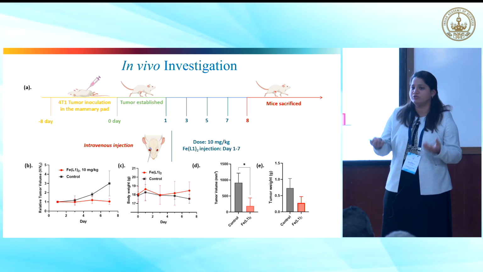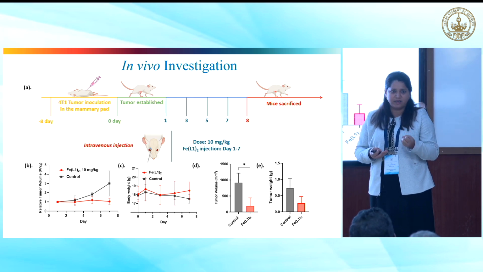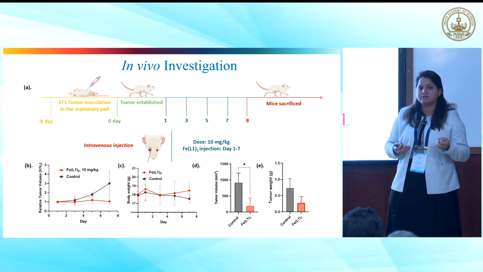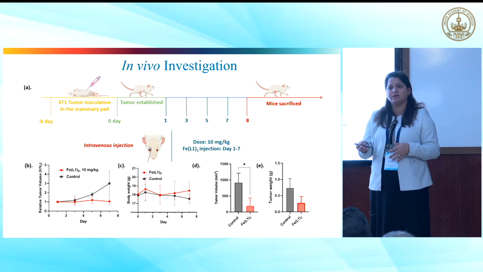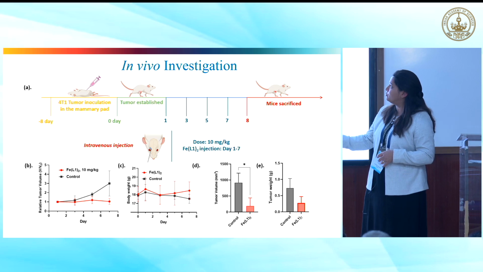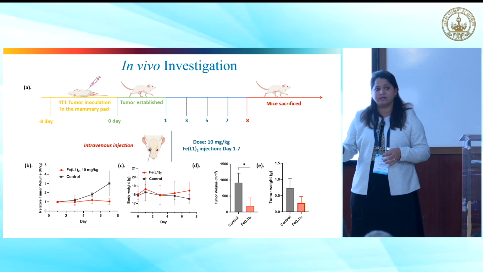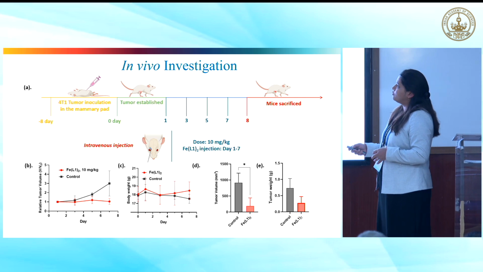But if you think about actual tumors, they are in the form of 3D spheroids, right? We do 3D spheroids too, in those 96 well plates, but still they are not very translational, I would say. So that's when we move to the in vivo setup, where we use the mice.